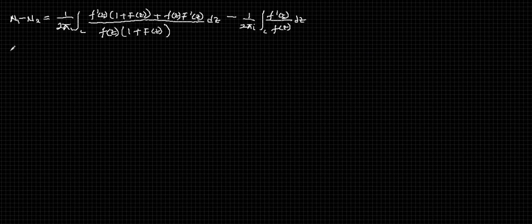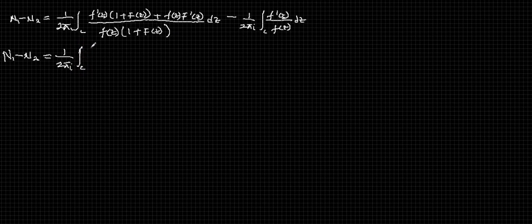Alright, so from here, n1 minus n2 is equal to 1 over 2 pi i integral of the contour. Now we are going to split this integral.